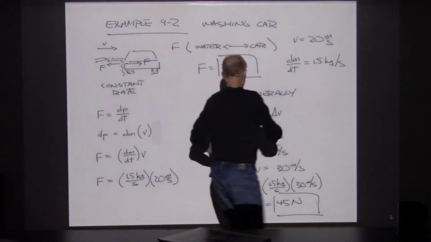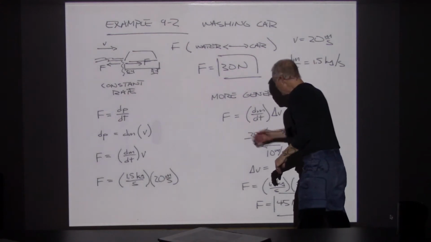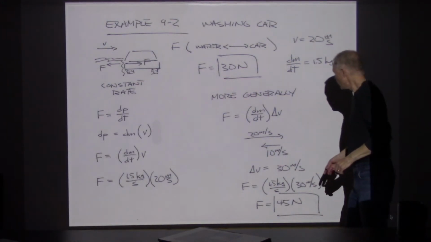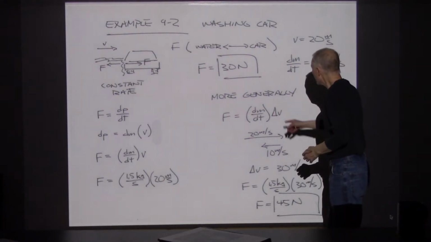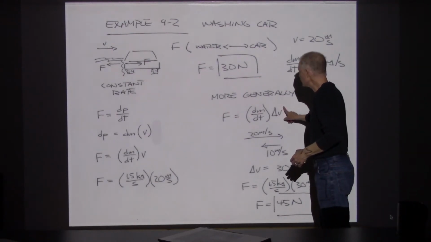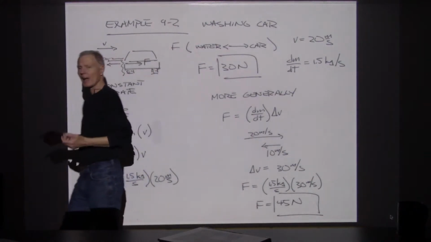In any case, if we are going to have something not just stop, but bounce back, that represents an even larger momentum change. That's going to require a larger force. How do we do the calculations? Well, by putting in a delta V, that then takes care of the difference in momentum from before and after.